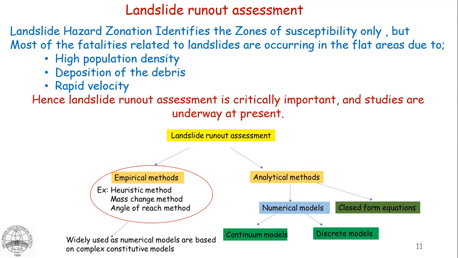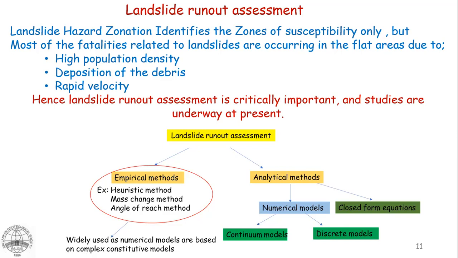In the actual landslides, runout areas are clearly plotted for the landslides that happened within the last decade or so. So we can do these predictions using these different methods and compare that with what actually has happened.